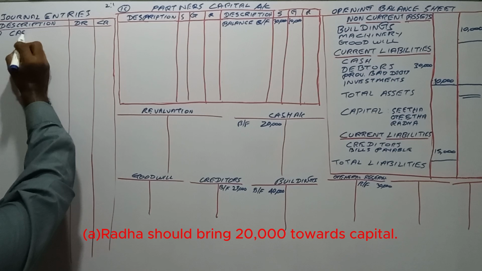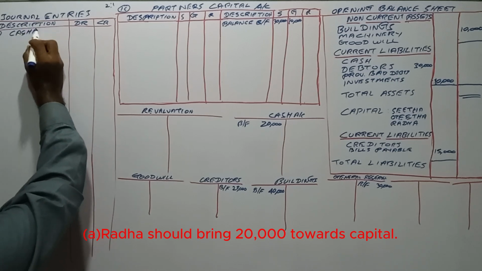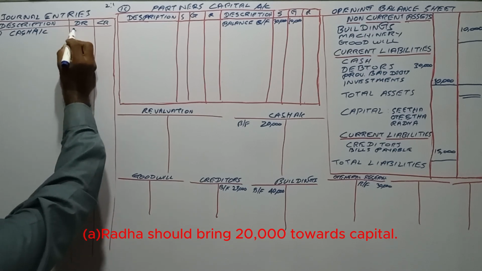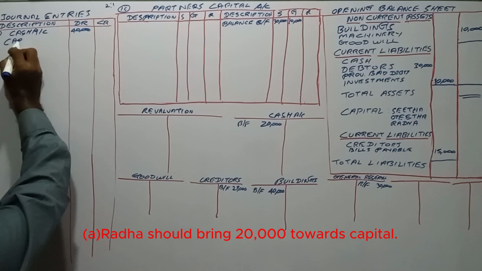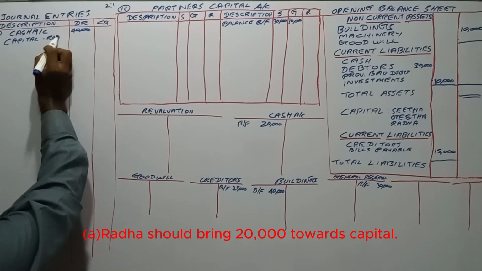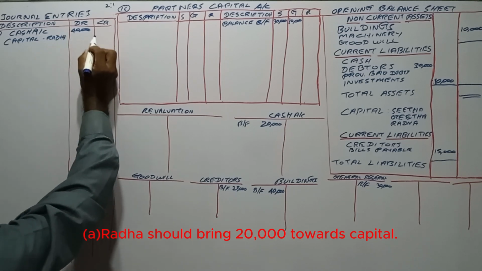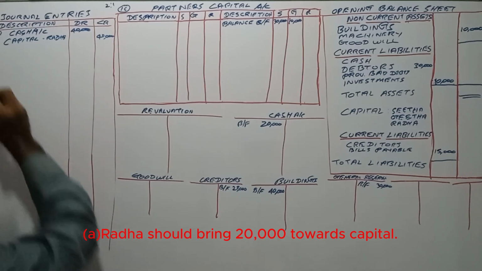Cash account debit 40,000. Capital of Radha is credited 40,000, right? So that is the double entry we pass.